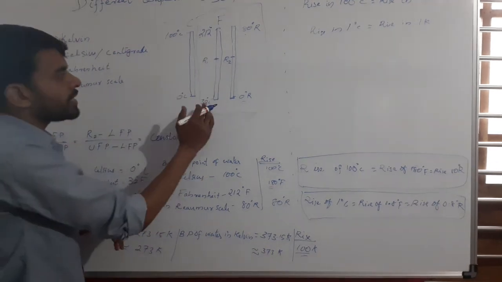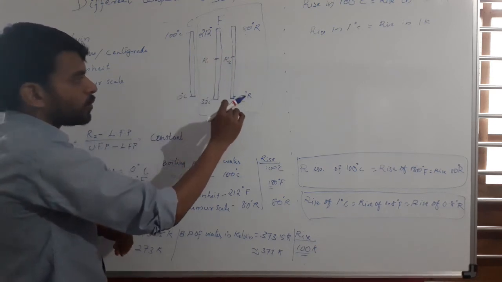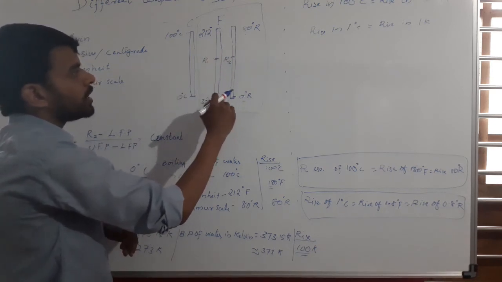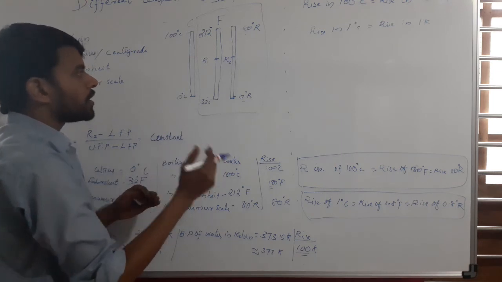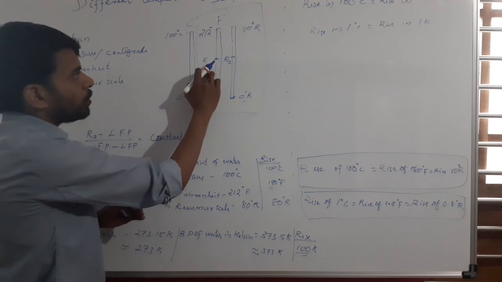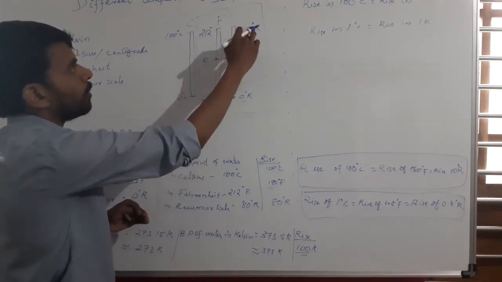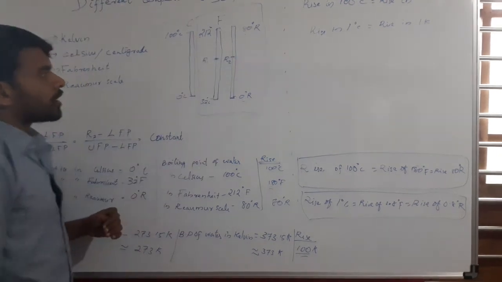We were heating it, first it was ice. We give the heat so that the ice turns to water, then the water begins increasing its temperature. Now the corresponding temperature in Fahrenheit is R1, and the corresponding temperature in the Reamur scale is R2.